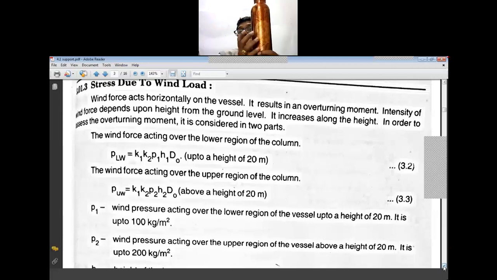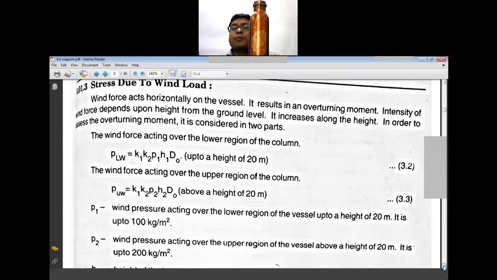Now if this vessel is getting insulated, then the insulation thickness will also be accounted for in the diameter calculation. So that is why you have to take the diameter of the vessel plus the thickness of the insulation, so that the total diameter of the vessel is taken into account.